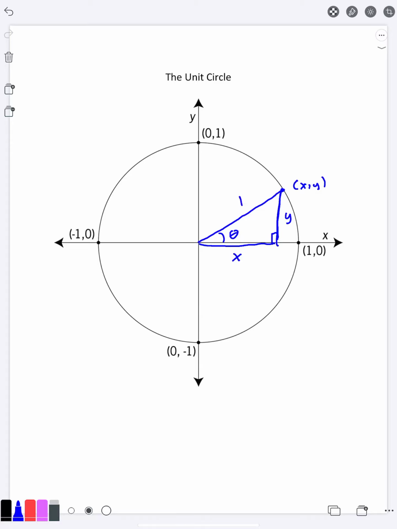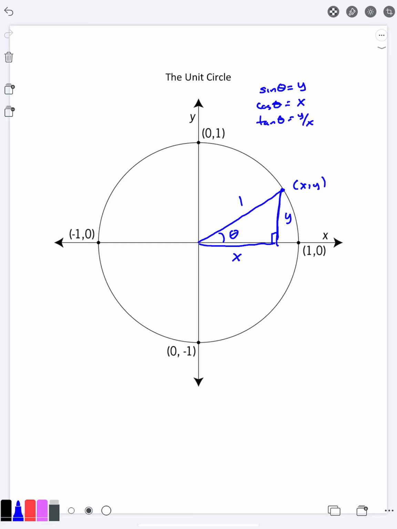The hypotenuse is 1, and so that means that my sine theta, opposite over hypotenuse, is y, cosine theta, adjacent over hypotenuse, is x, and tangent theta is going to be y over x, and then you have your three reciprocals.